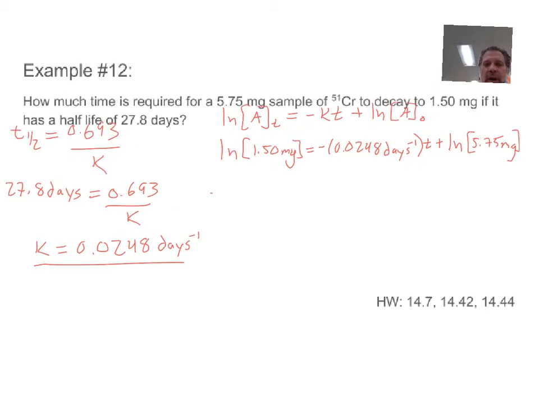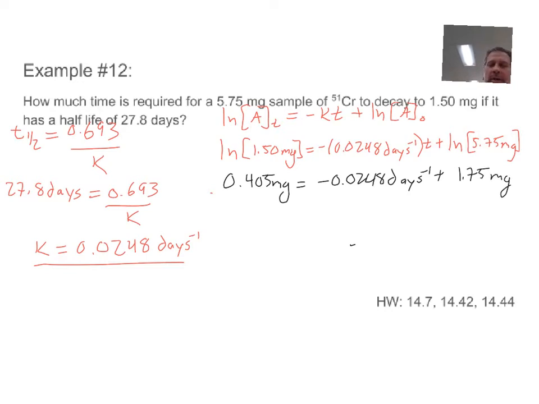So at this point, I'm going to simplify the natural log of 1.5, which is 0.405 milligrams equals negative 0.0248 per day, plus the simplification of the natural log, which is 1.75 milligrams.